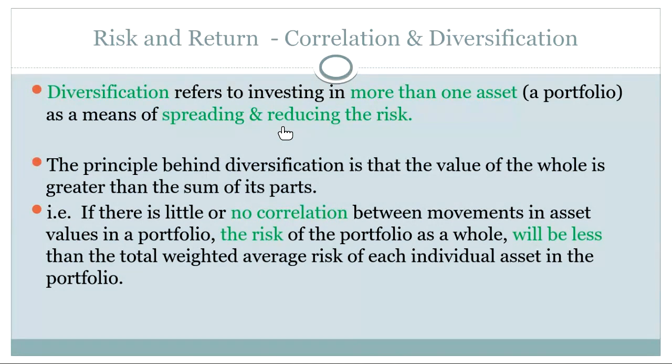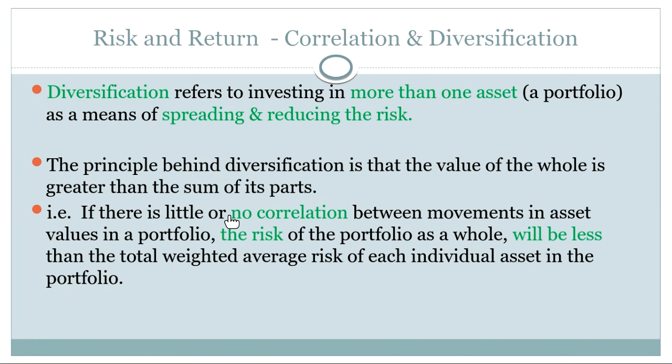Okay, so the principle behind diversification is that the value of the whole portfolio is greater than just the sum of its individual parts. So, for instance, if there is little or no correlation between movements in the assets in my portfolio, okay, so that's what I'm looking for.